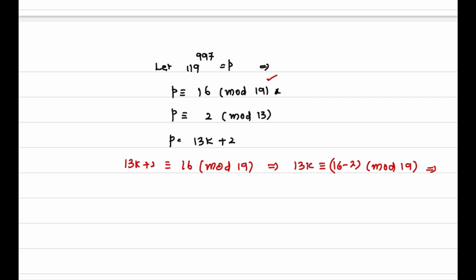That implies 13k equivalent to 14 mod 19. When you combine these two, this is the equation we have got. And from this, we have to find out the final value.